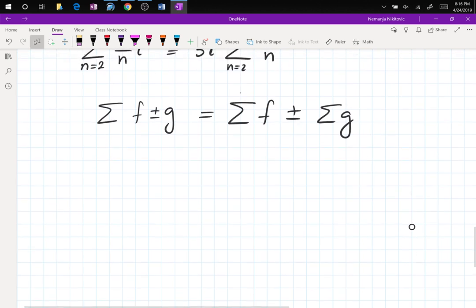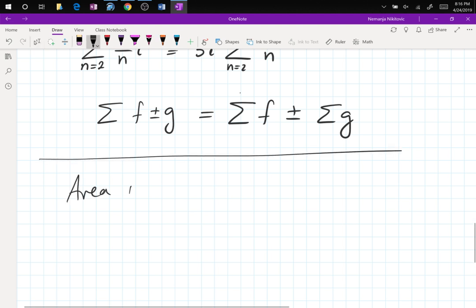So now, what we're going to do is area under the curve, let's say f of x is equal to 3x plus 4 on 0 to 2.